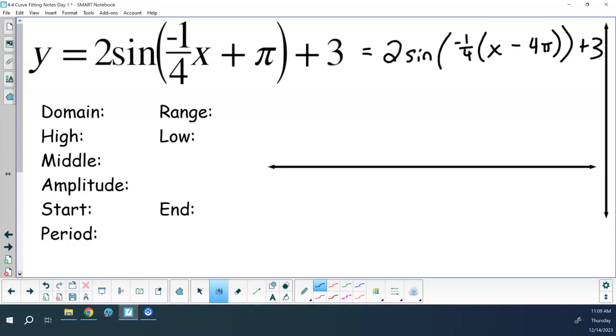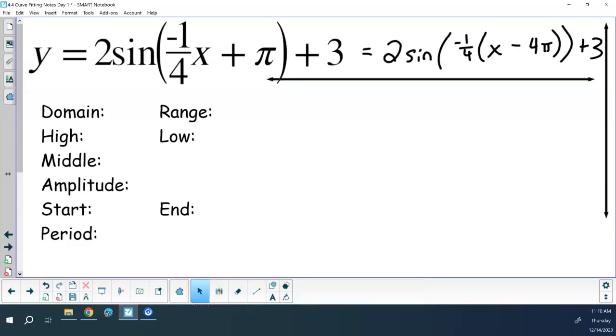Okay? So had you done that, then now your domain is all real numbers. Your middle is at 3. Your amplitude would be 2, which means you would go all the way up to 5, all the way down to 1.